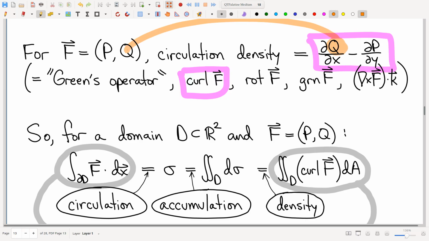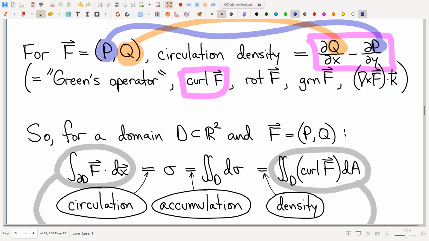The point is that it is the second coordinate of our field vector. And again, the letter P is not the point. The point is that it is the first coordinate of our field vector. So think of this, for convenience of application and what we're looking at, as x partial of the second coordinate minus y partial of the first coordinate.